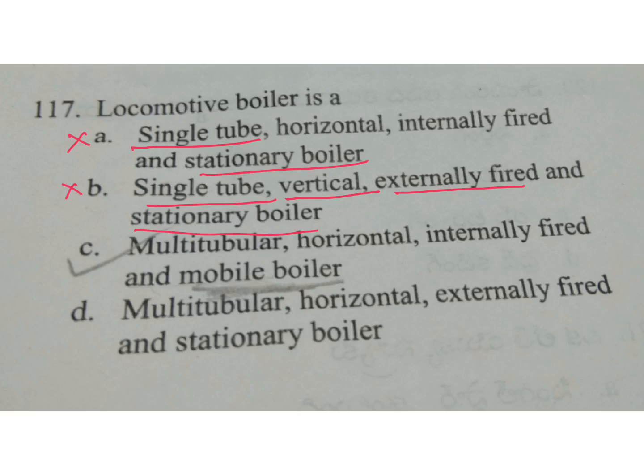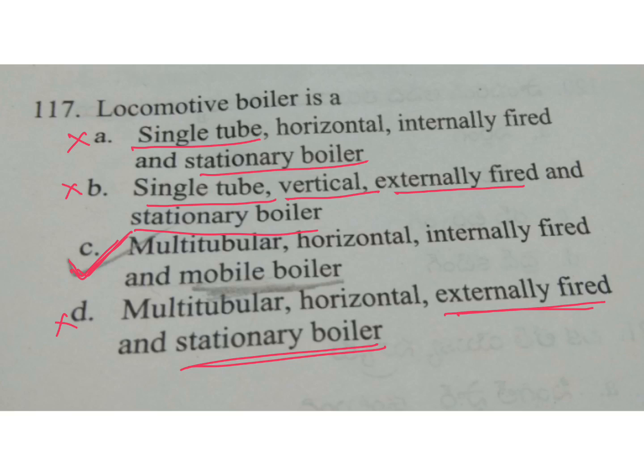C, multi-tubular horizontal internally fired and mobile boiler. C is the answer. D, multi-tubular horizontal externally fired and stationary. These two conditions are not satisfying, so D is not possible.